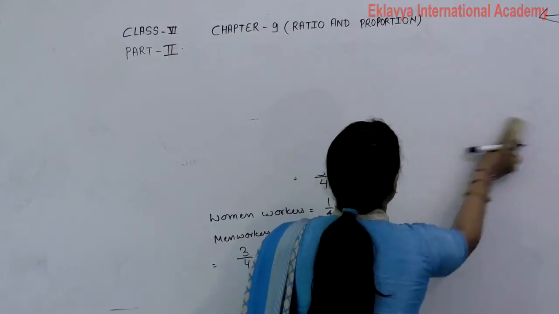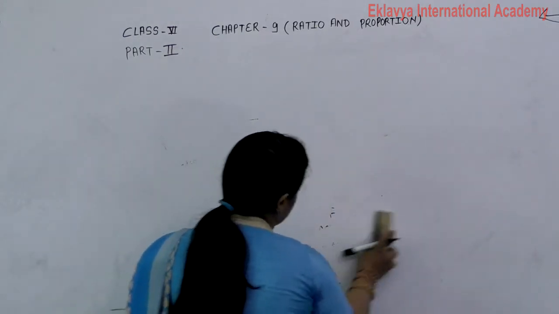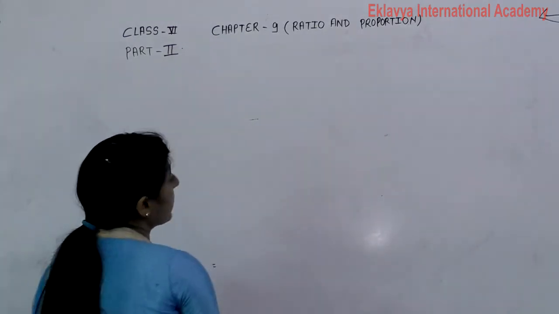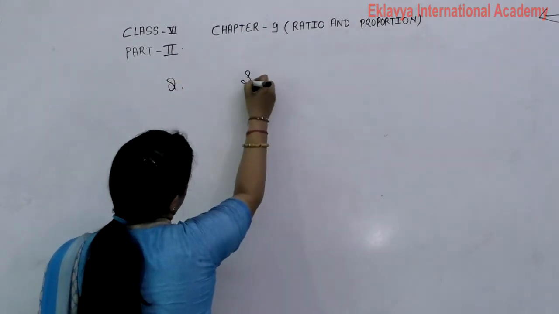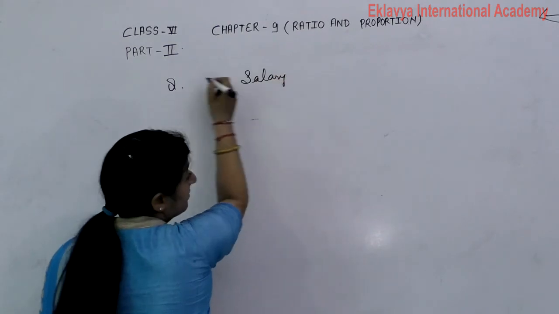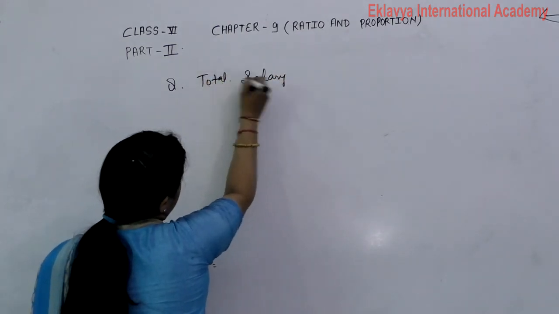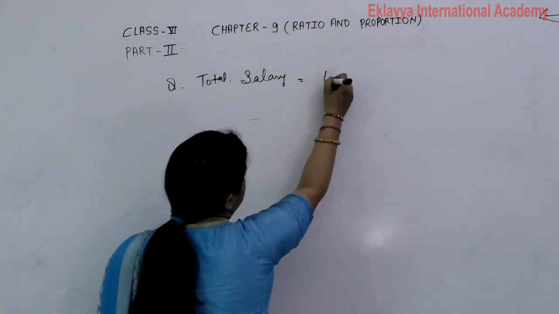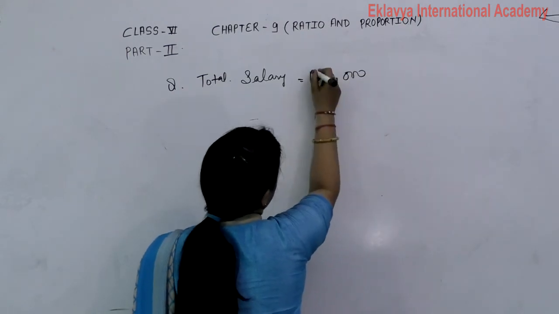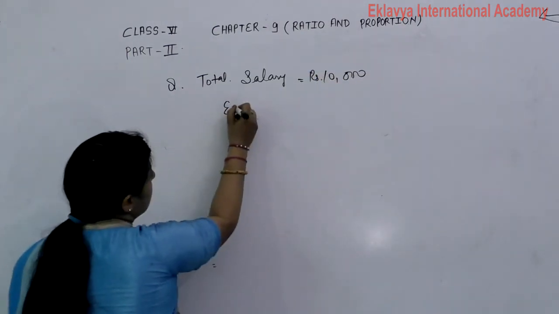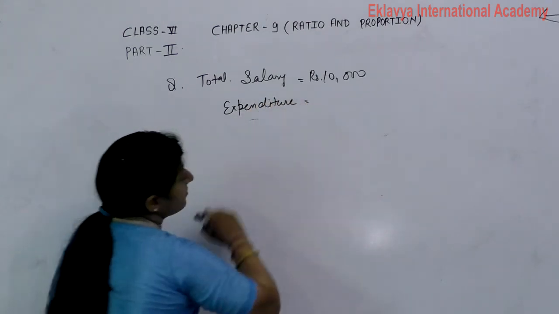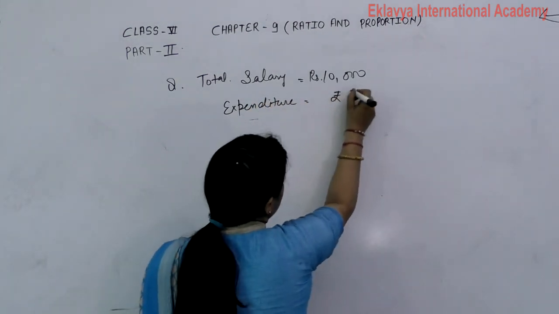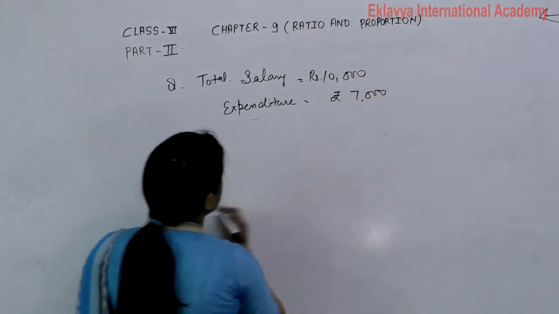Okay, see, your father has a salary of ₹10,000 and expenditure of ₹7,000.